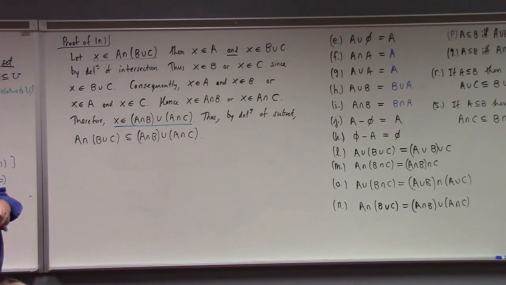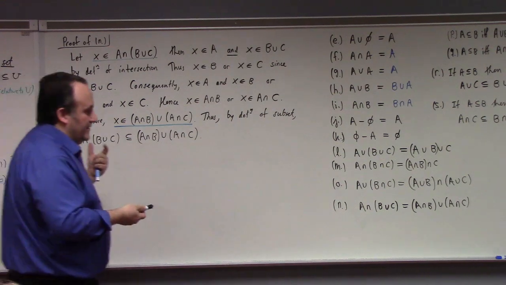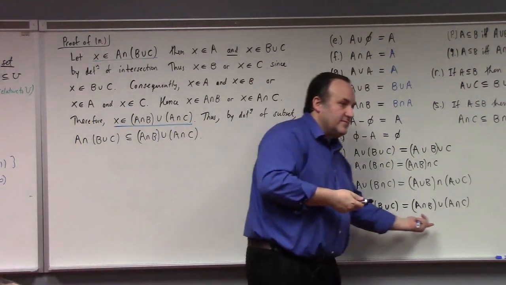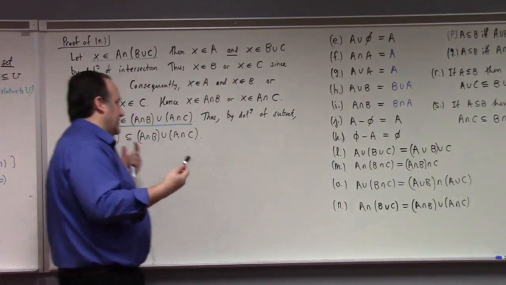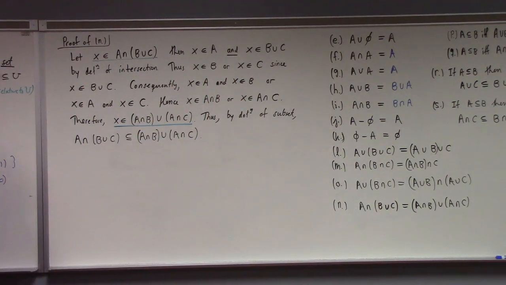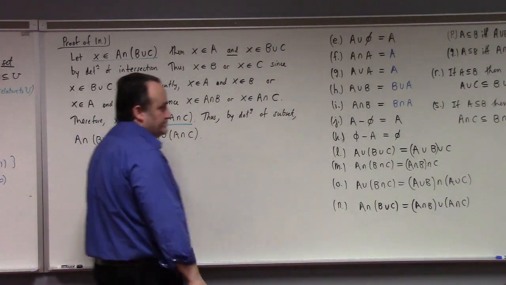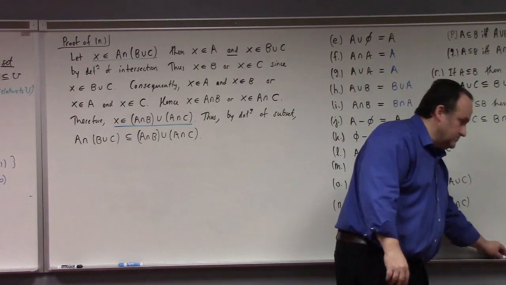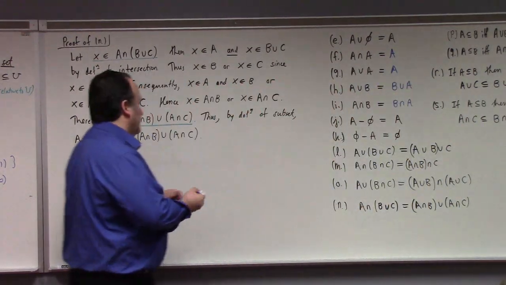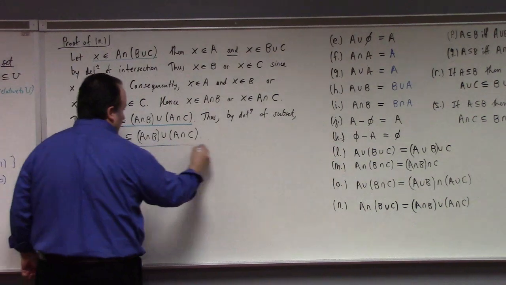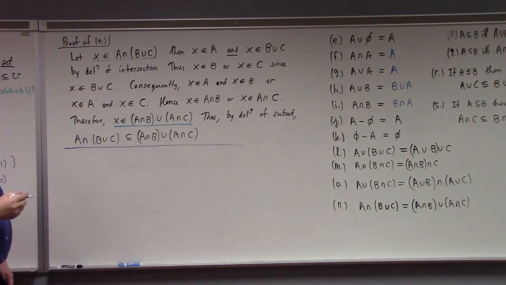We are now at the 50% mark, all right? Because we're trying to prove, for part n, that these two sets are equal, right? So what's next? So it's double contained?